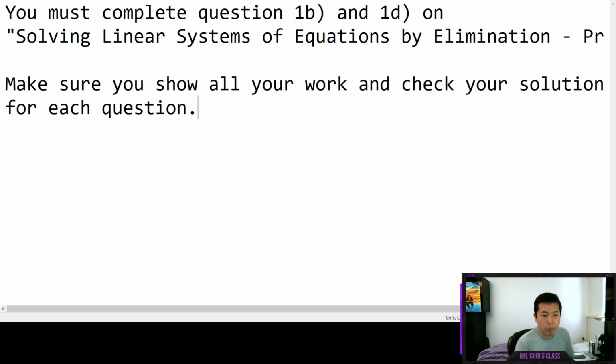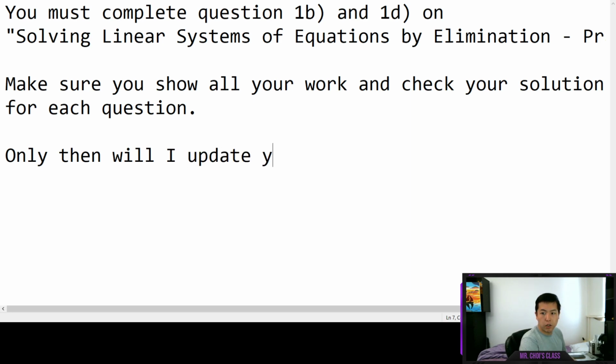So this is what I want you to do. You need to complete 1B and 1D on this page. Make sure you show all your work and check your solution for each question. Only then will I update your quiz mark.